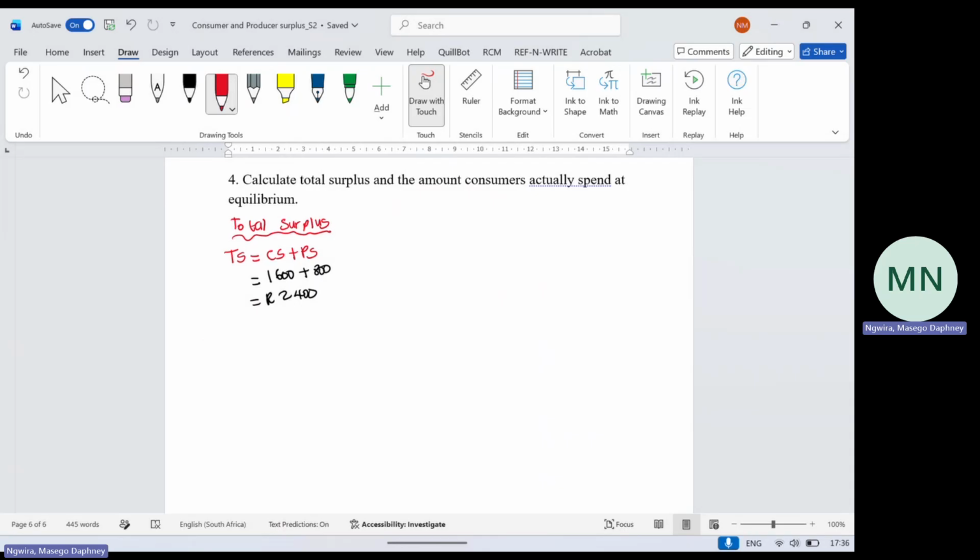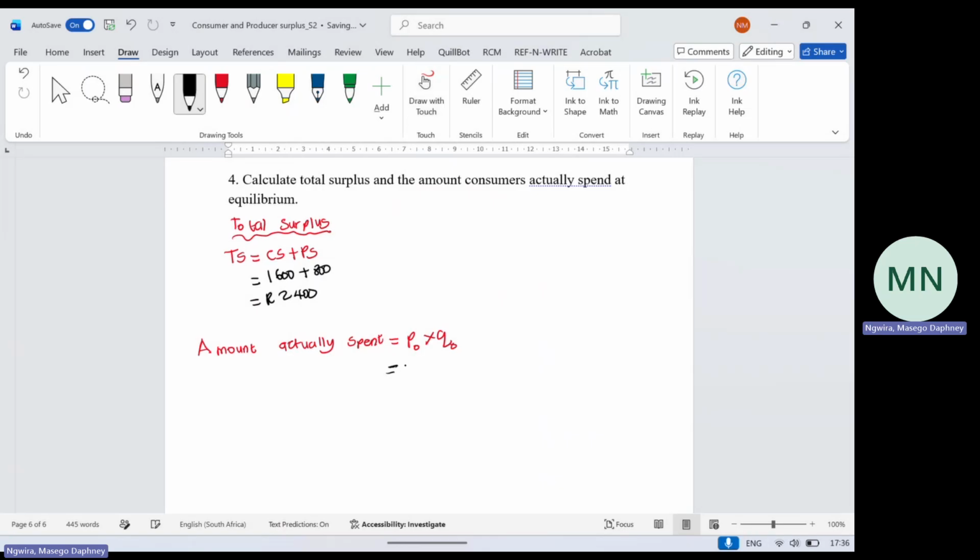Now we look at the expenditure consumers actually spent. The amount actually spent, or we can say expenditure, is equal to P naught times Q naught, if you remember very well from the notes.